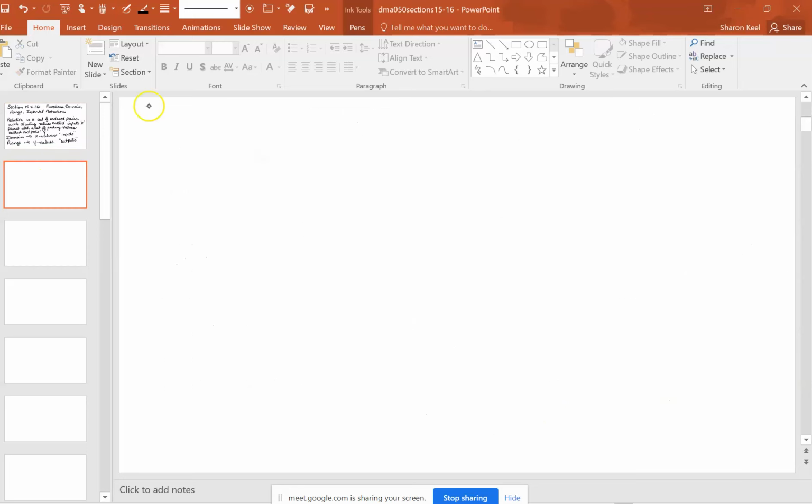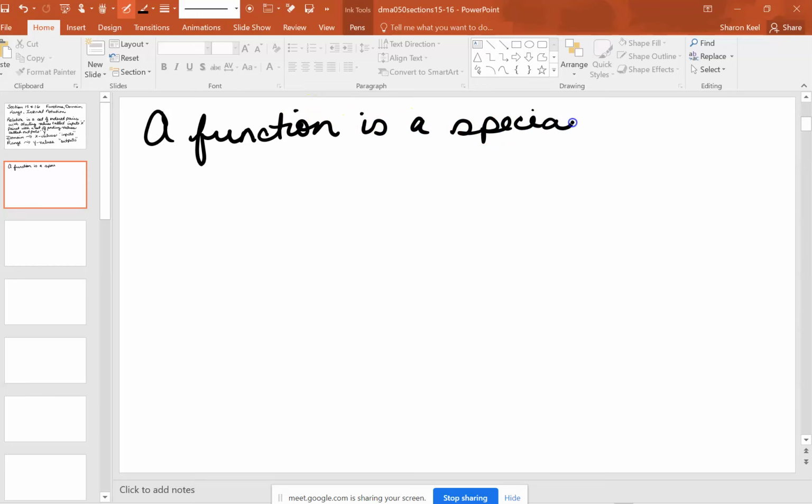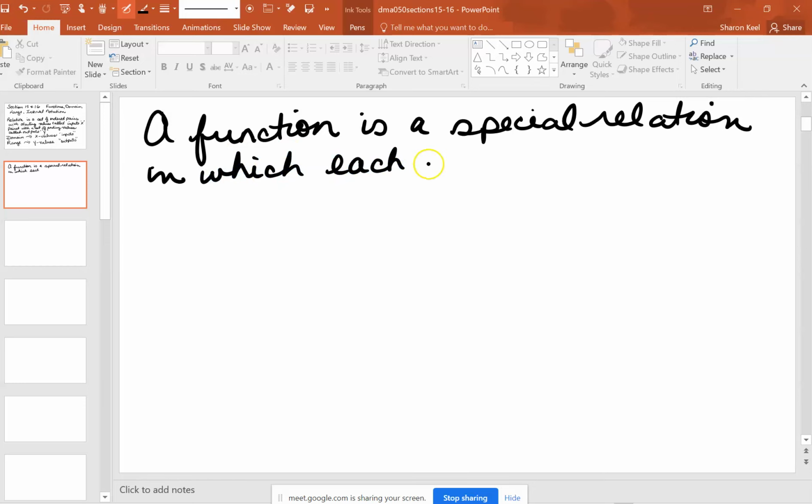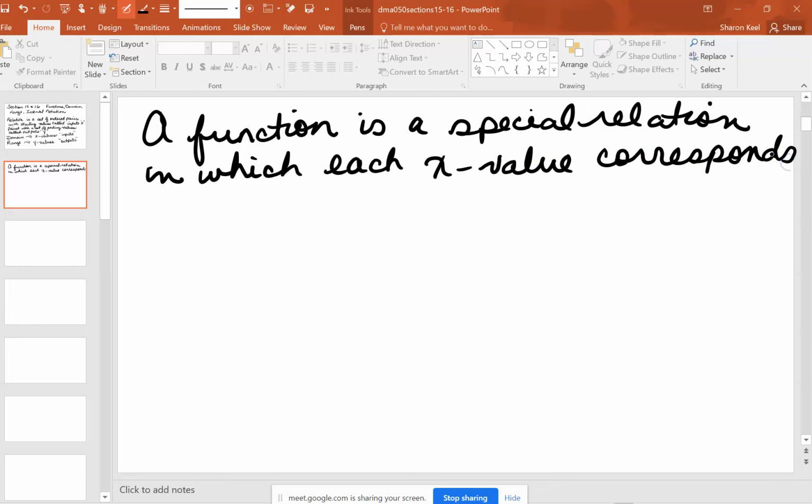A function is a special relation in which each x value corresponds to exactly one y value.